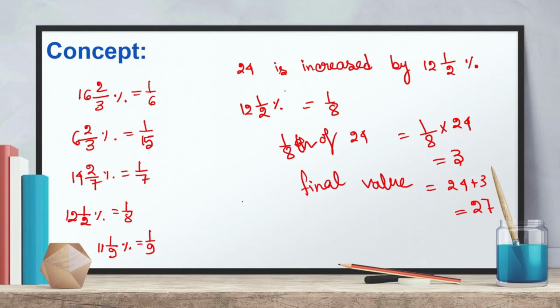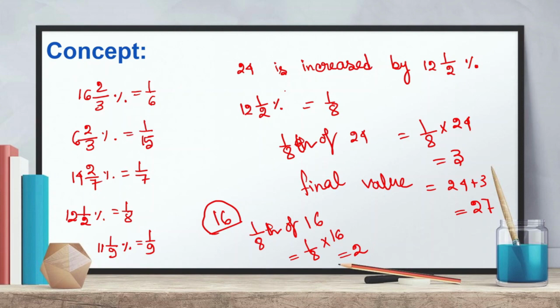Now what if the number is 16 and increased by 12 1/2 percentage? Here it is the same also. 12 1/2% is equal to 1/8, and it is 1/8th of 16, that is 1/8 × 16, and it is equal to 2.